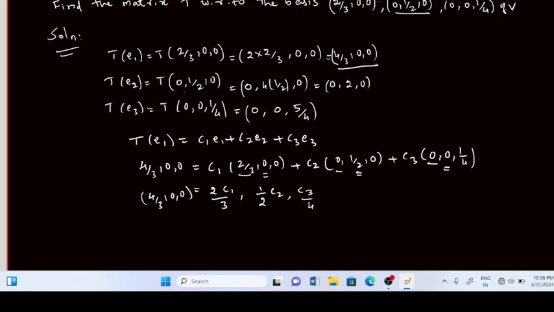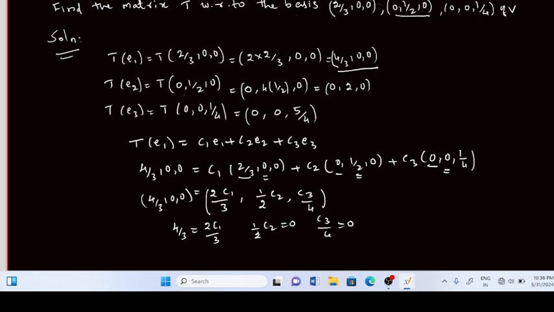If we compare this with the right-hand side, we can write 4/3 is equal to 2C1/3, 1/2 into C2 is 0, C3/4 is 0. So we get the answer.